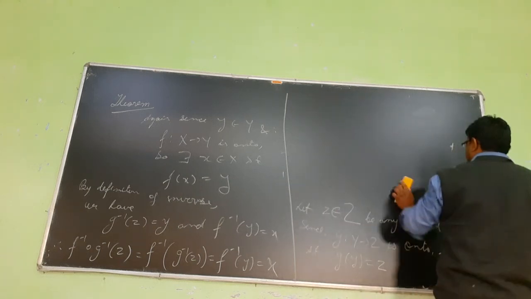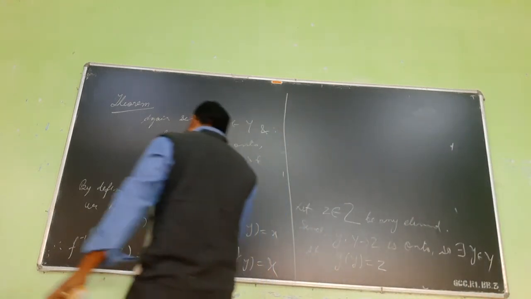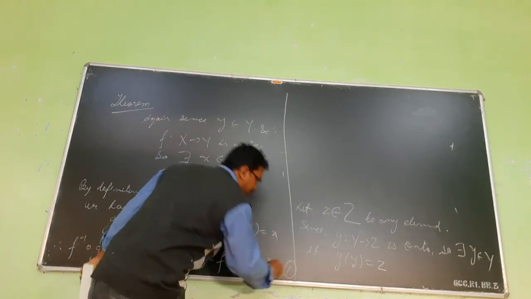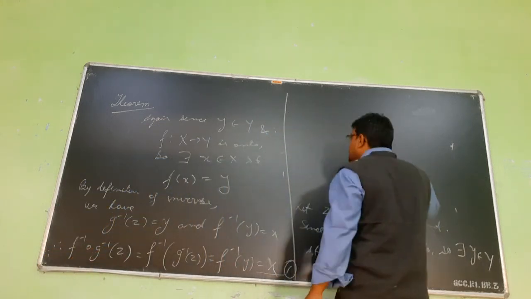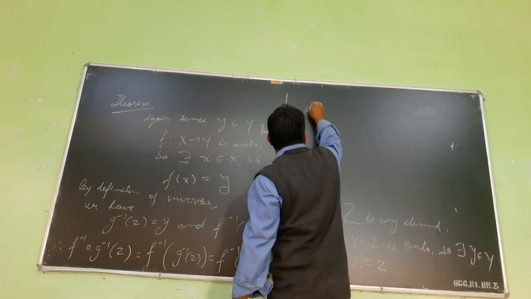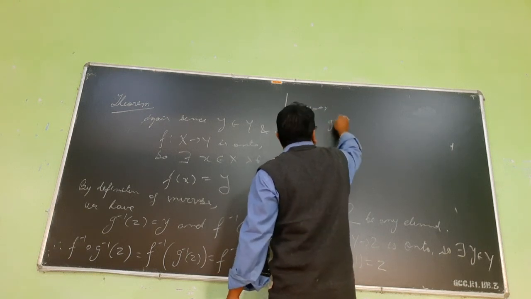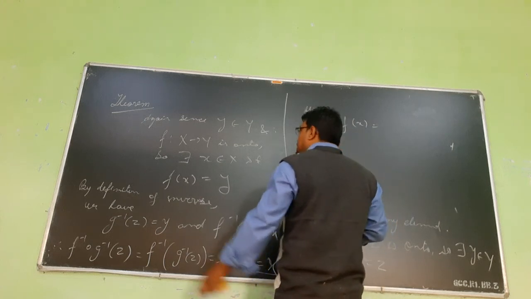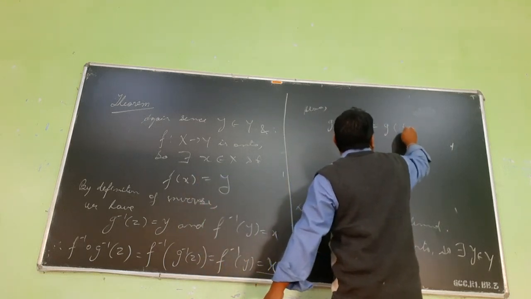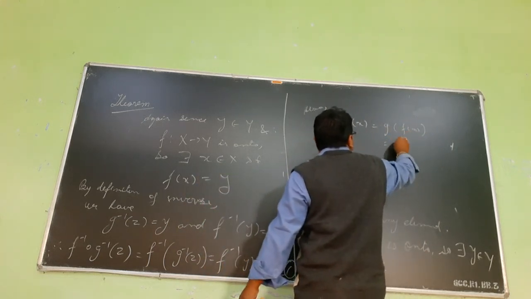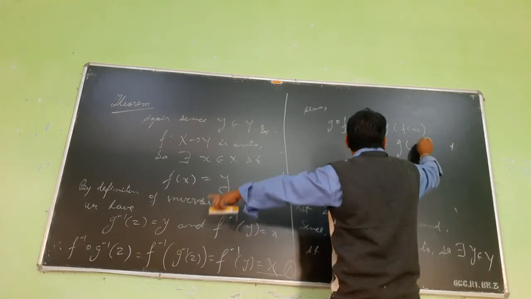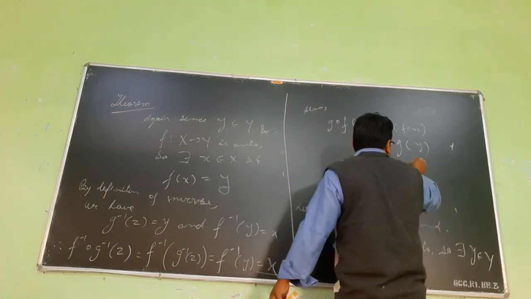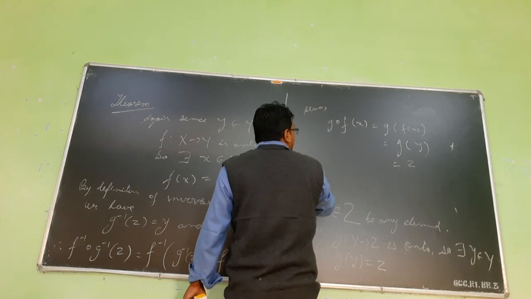So this one you keep as 1. Next is also, (g∘f)(x) is equal to g(f(x)), which is g of y, since f(x) is already y, and g of y is z.